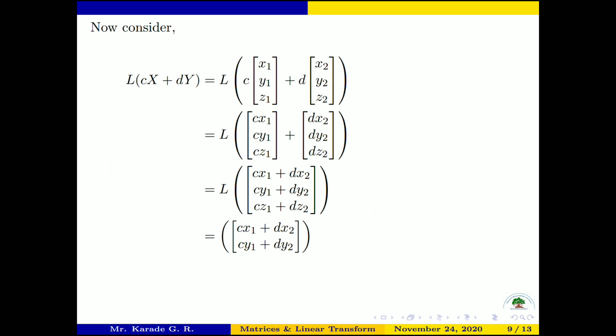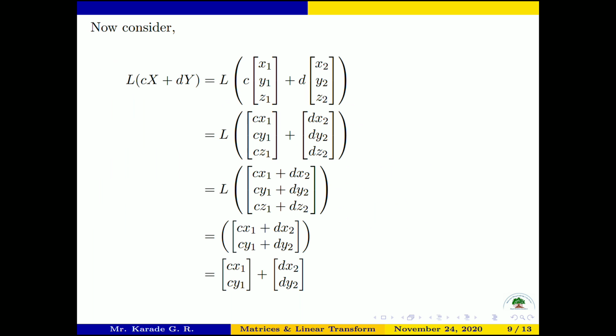Sorry, I think there is one mistake. No, there is no mistake. So we get a column matrix with two rows, cx1 plus dx2 and the second row cy1 plus dy2, and that column matrix is nothing but the addition of two column matrices. The first column matrix is (cx1, cy1) plus the second column matrix (dx2, dy2).